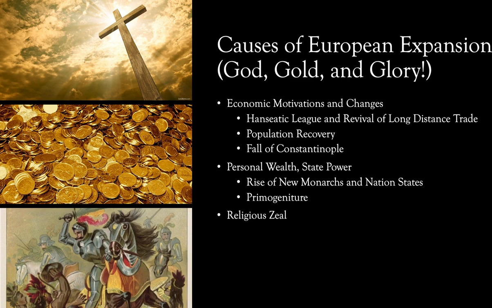And another really important economic change was the fall of Constantinople, which, as we've mentioned, is a major turning point in Western civilization. The fall of Constantinople in 1453 was when the Byzantine Empire lost control of their city, Constantinople, and ultimately their empire. It fell to the Ottoman Turks.